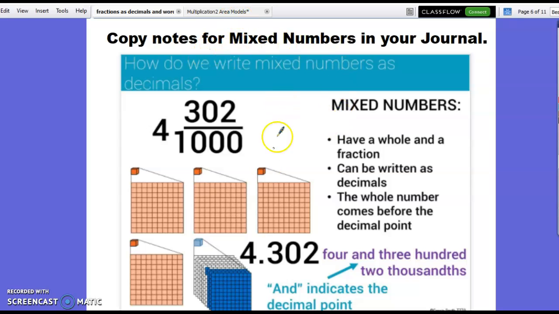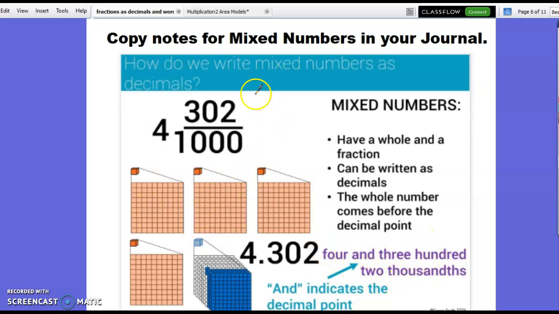Then yesterday you started to see the mixed numbers. A mixed number example is 4 and 302 thousandths. That means we have 4 wholes, and then we have 302, so you have 3 hundredths and then 2 tiny thousandths as your 4 and 302 thousandths in word form.